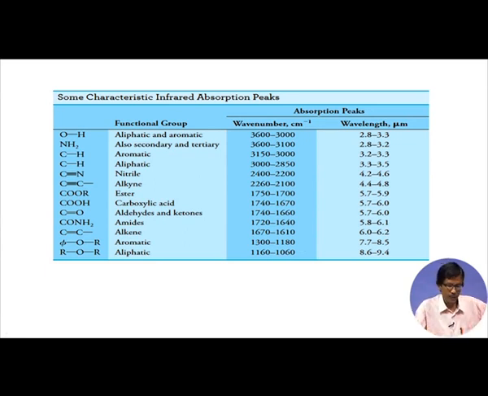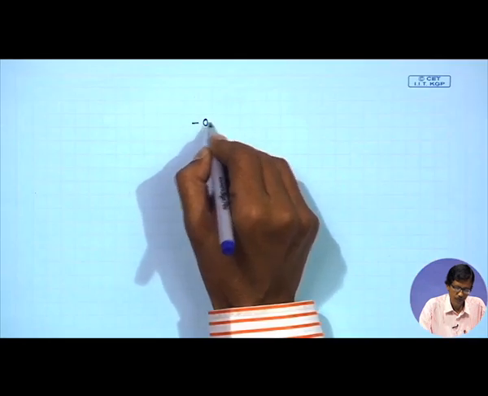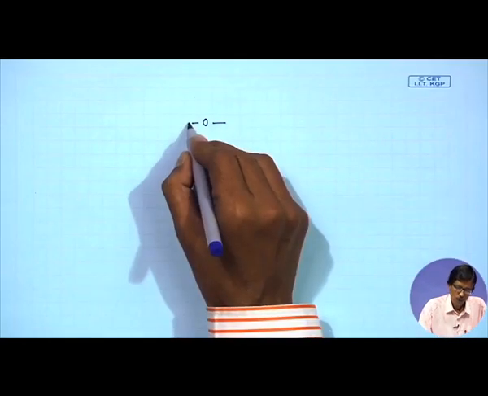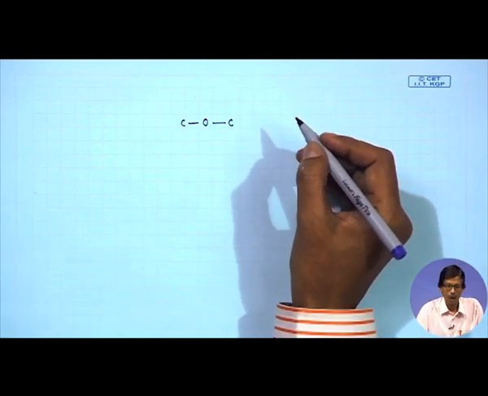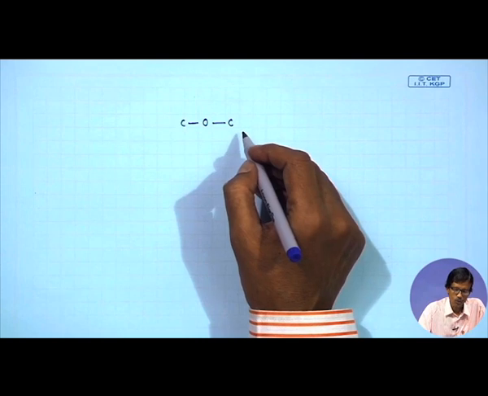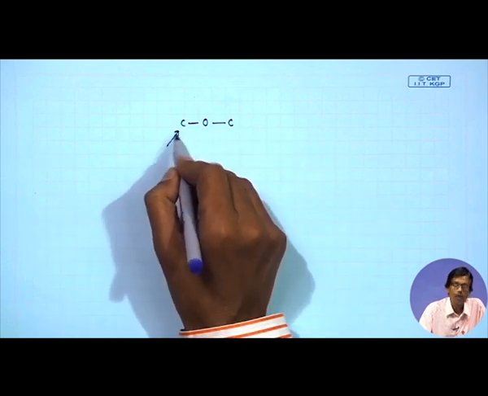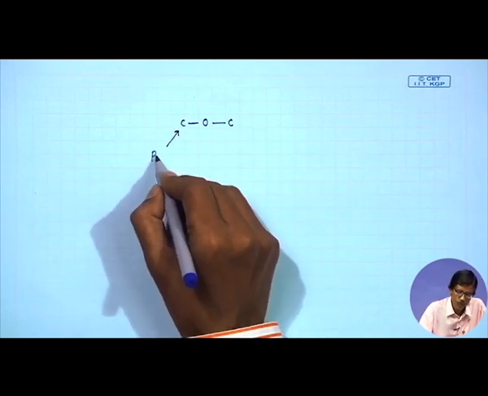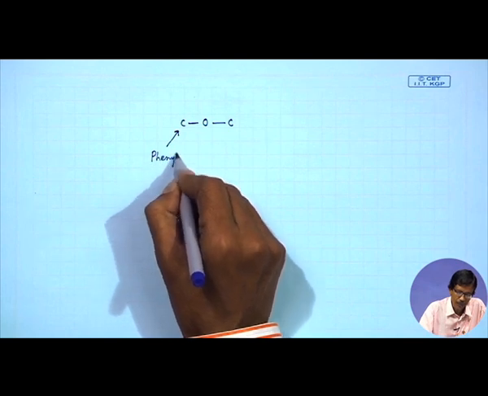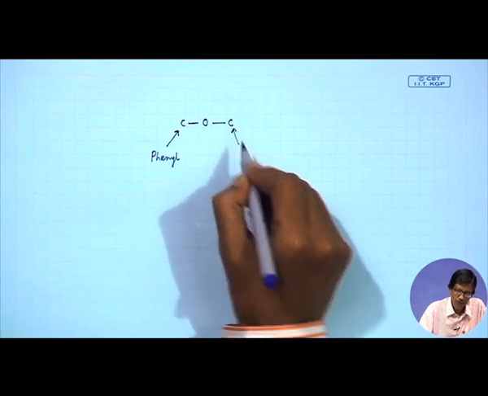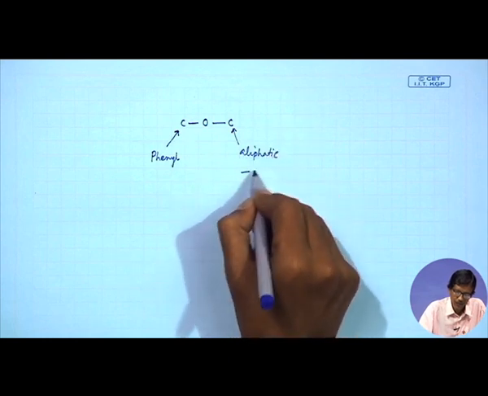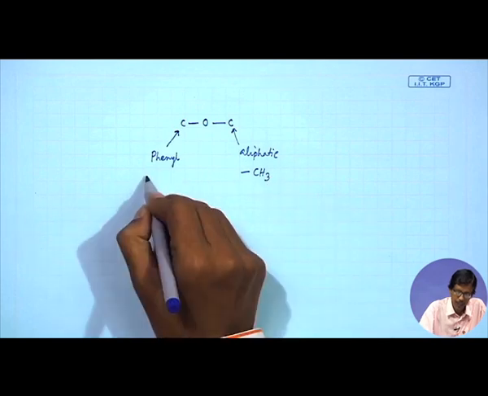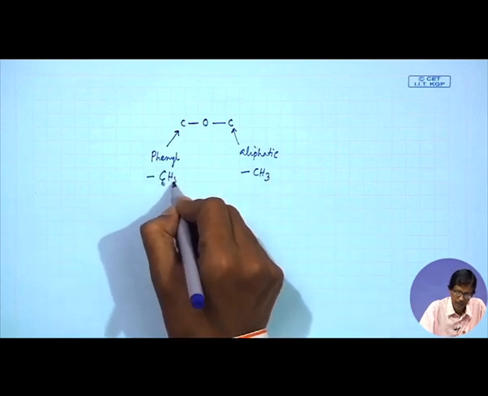This identification of ethers is very characteristic for the function where we have carbon attached to the oxygen from these two sides. This carbon can be from your phenyl group, that means the aromatic function, or from an aliphatic one, that means this can be your CH3, this can be your phenyl function.